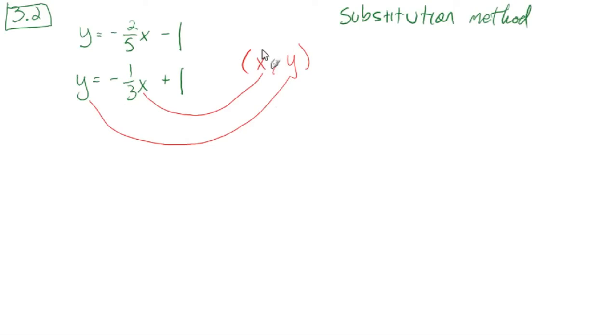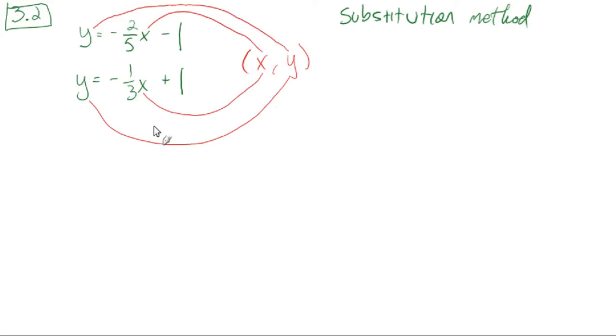But take the exact same x and put it here, and the exact same y and put it over here, and that will be a solution for this equation and for that equation. The same exact x and y goes in here and works for both. Okay, so we get that.